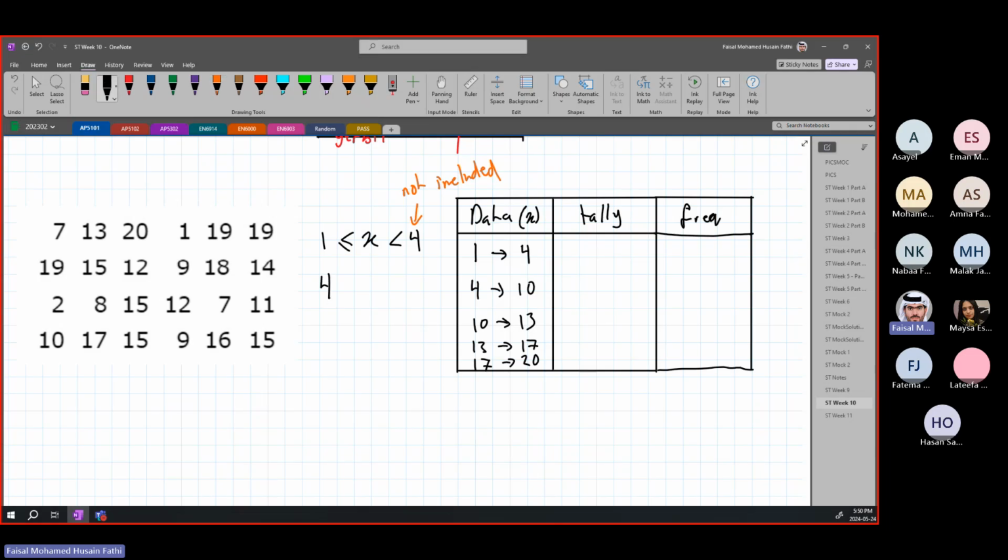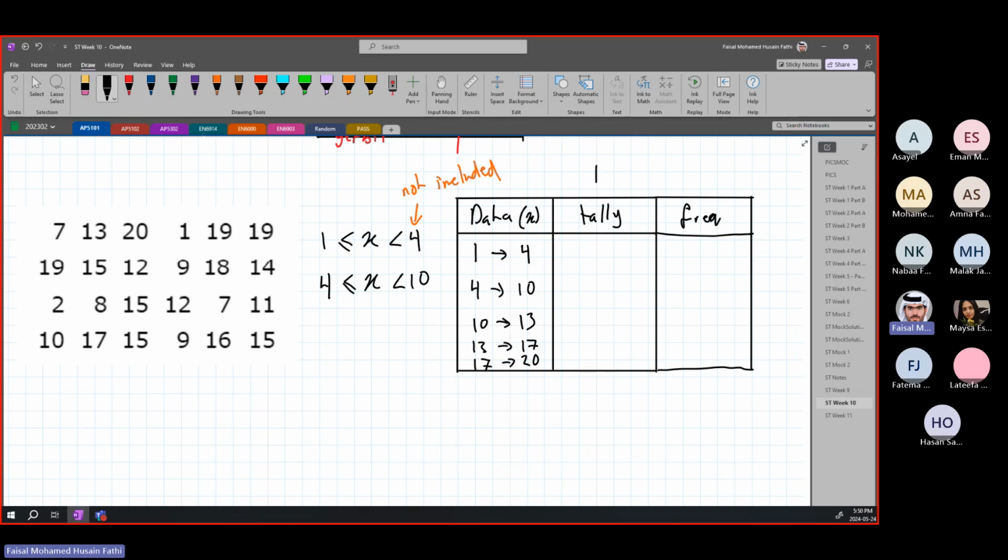Because the next row of the table includes the number 4, but it will not include the number 10. So you cannot write 4 both up and down. So this is always going to be the meaning if you have a range. If you're starting from 1 to 4, 1 is going to be included, but the 4 is not going to be included. Okay, so this is what this basically means.